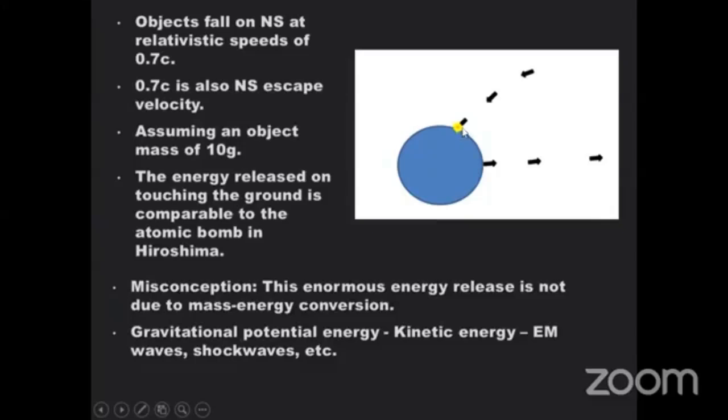As the object falls to the surface, it will convert all of that energy to different kinds of electromagnetic waves. It could be gamma rays, visible light, radio waves, and so on, and even shock waves. So the energy is coming from the gravitational potential energy of the neutron star system, and not from mass-energy conversion.